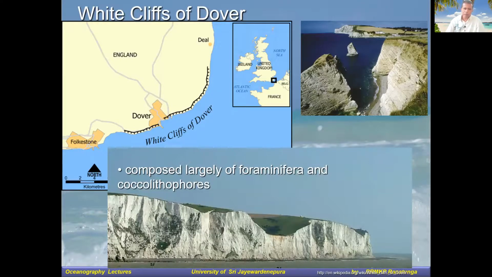This is one example. It's called the White Cliffs of Dover, in the southern UK, somewhere here. Very famous tourist destination. You can search on the internet for the White Cliffs of Dover, where the rocks look white.